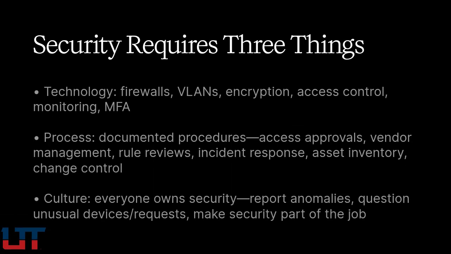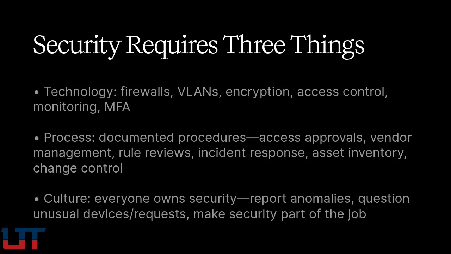Security requires 3 things working together, and the absence of any one of them leaves the others insufficient. First of all, the technology. You have to have the firewalls, VLANs, encrypted protocols, access controls, passive monitoring platforms, multi-factor authentication. So technology implements the controls. The next piece you need is the process. You need documented procedures for approving network access requests.